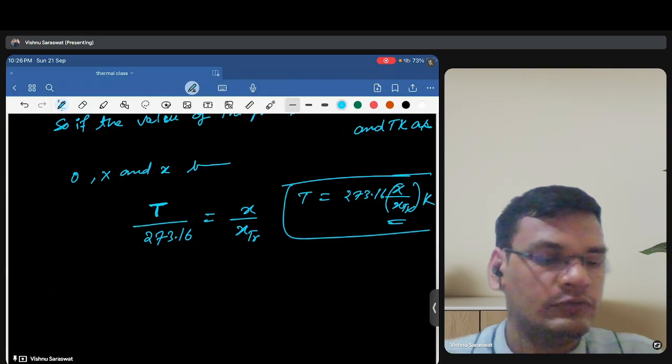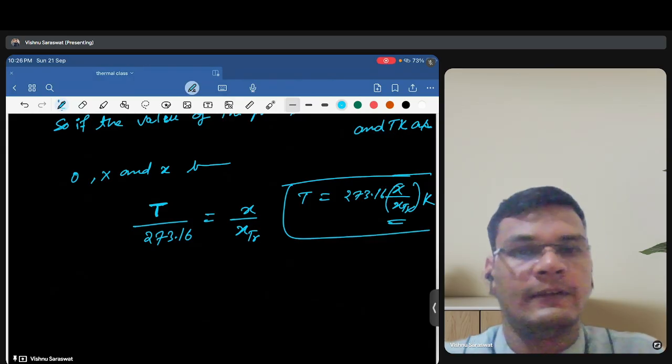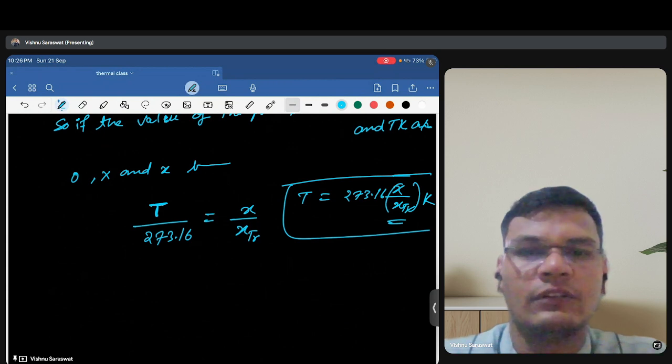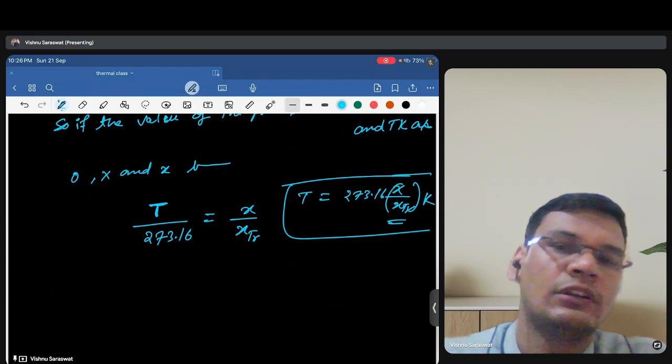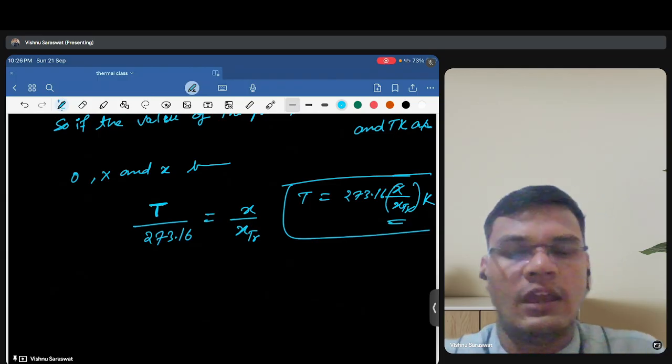Now come to thermometers. A thermometer is an instrument used to measure the temperature of a body.